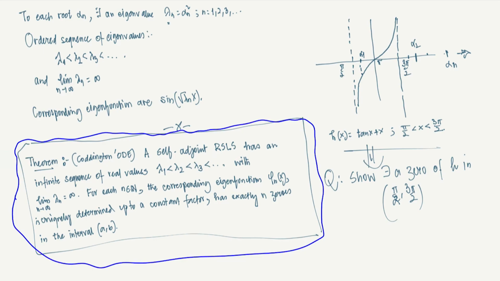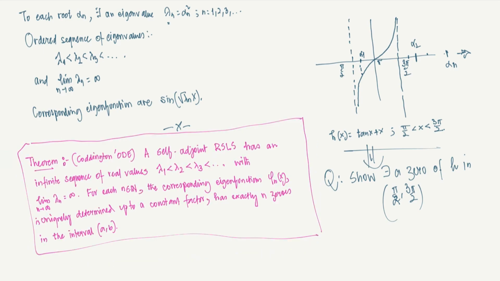Let's say there is a first eigenvalue lambda 1, and a corresponding eigenfunction phi 1 of x. The question is: does it have any zeros? This says that phi n has exactly n zeros. So phi 1 has 1 zero, phi 2 will have 2 zeros, and it goes on doing that.